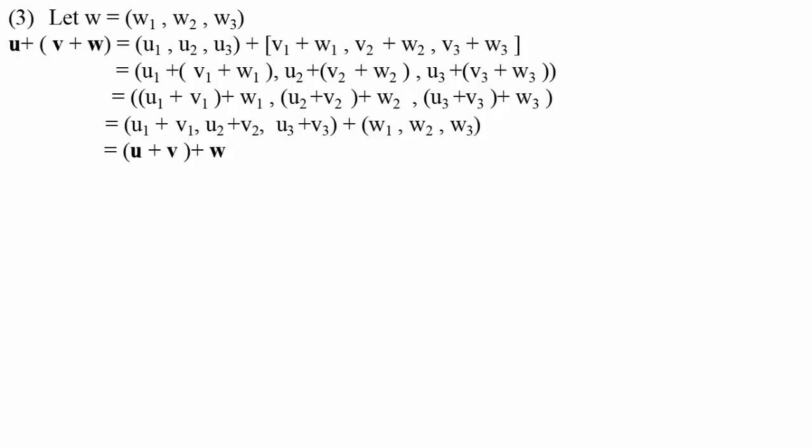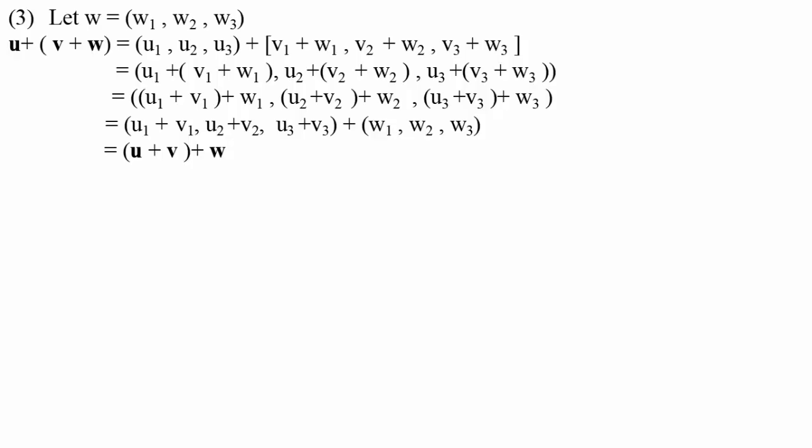Now we know that in the set of real numbers, addition is associative. By that rule, u1 plus (v1 plus w1) can be written as the sum (u1 plus v1) plus w1, and this happens for the other two also: (u2 plus v2) plus w2, (u3 plus v3) plus w3.